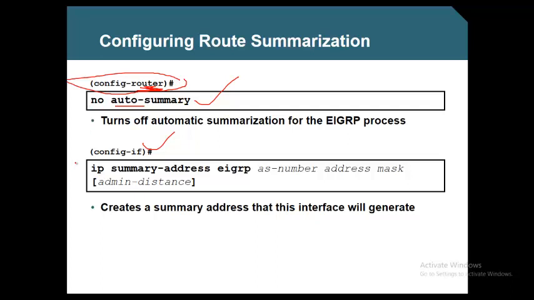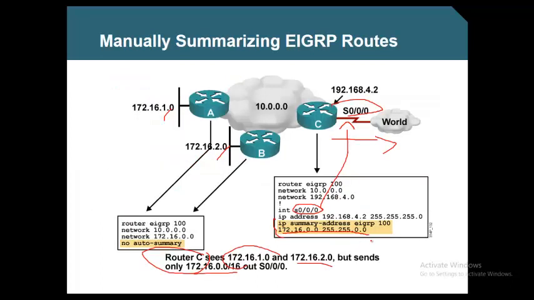The command is ip summary-address eigrp, let's say 10, the autonomous system number, and then the network that you want to summarize, and optionally you can give an administrative distance. Like this. Is this clear?